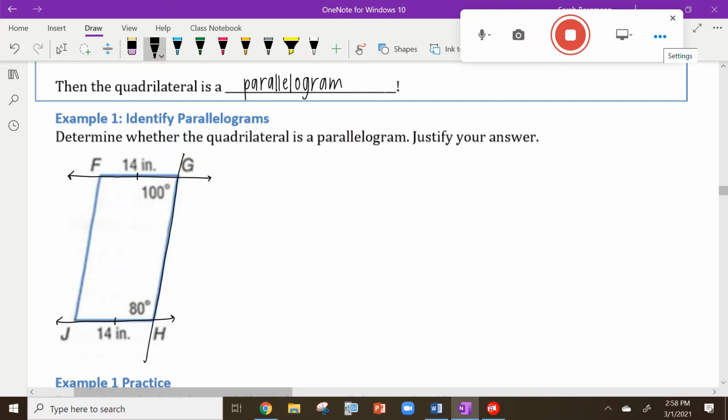And if I look at this transversal, it tells me that these are consecutive interior angles, and I know whenever consecutive interior angles are supplementary, that creates parallel lines.